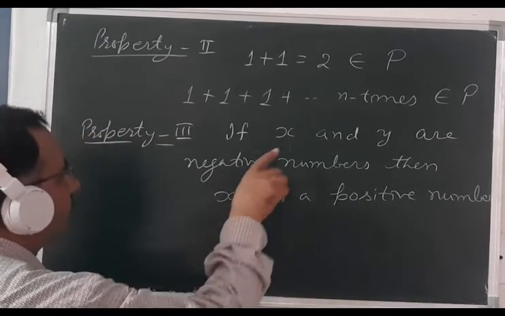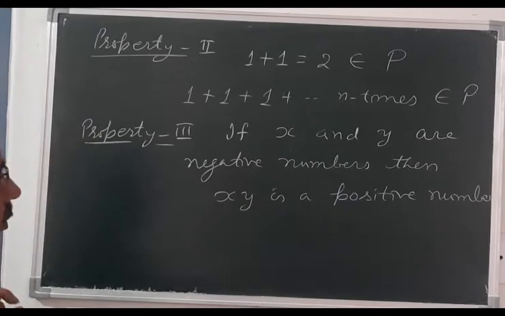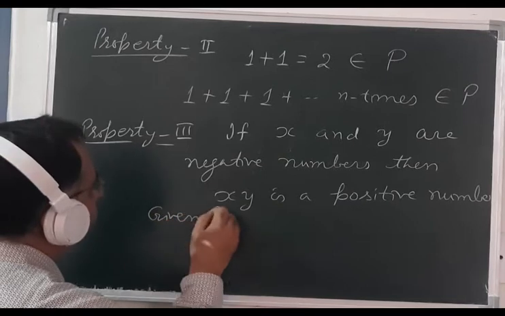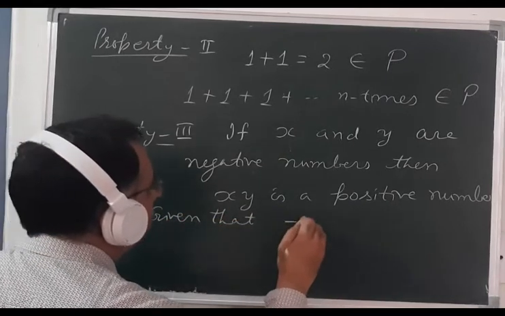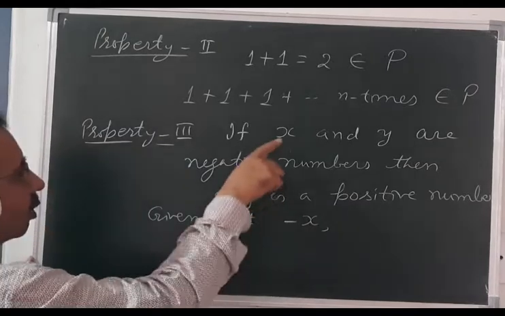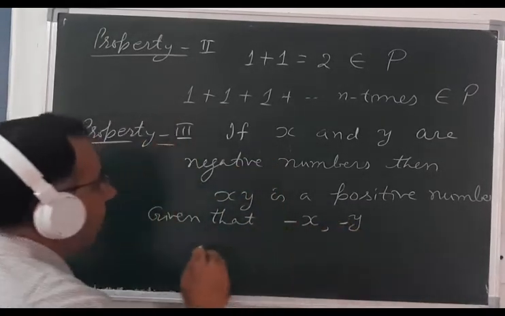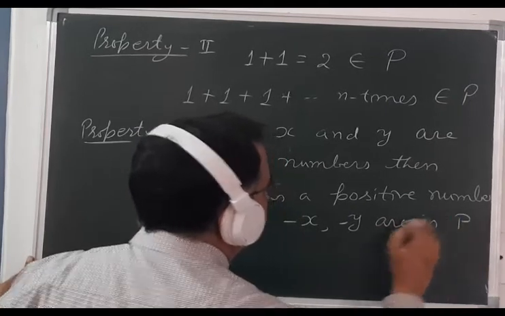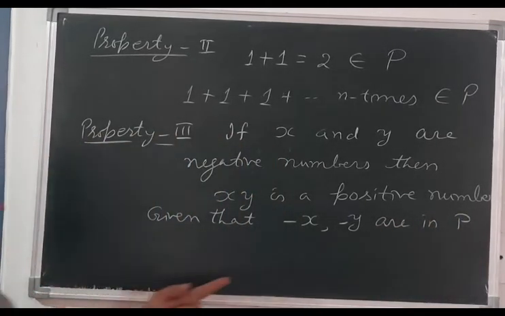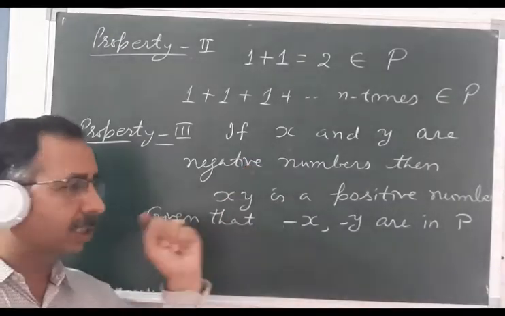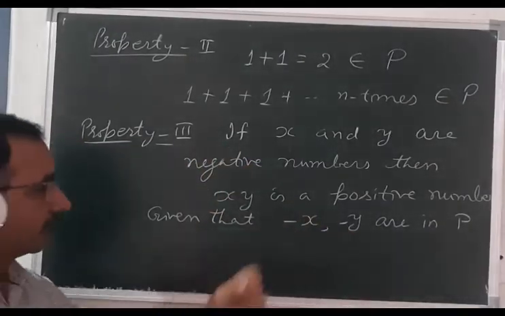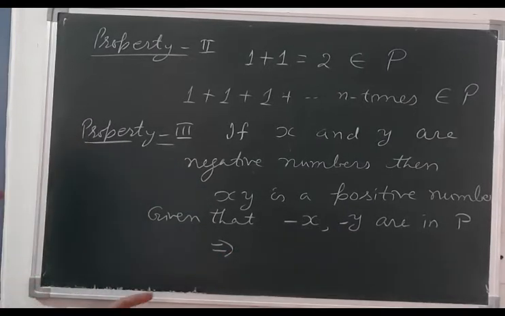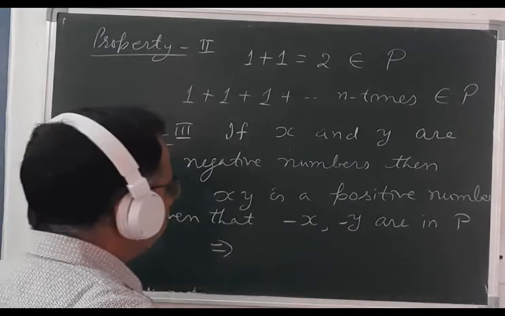So I will prove that the product of two negative numbers is a positive number. Given that minus X, which is the additive inverse of X, and minus Y, which is the additive inverse of Y, are in P. By my definition of P, either X is in P or minus X is in P. Since X is not in P, it means minus X is in P. So now apply the closure property of multiplication.